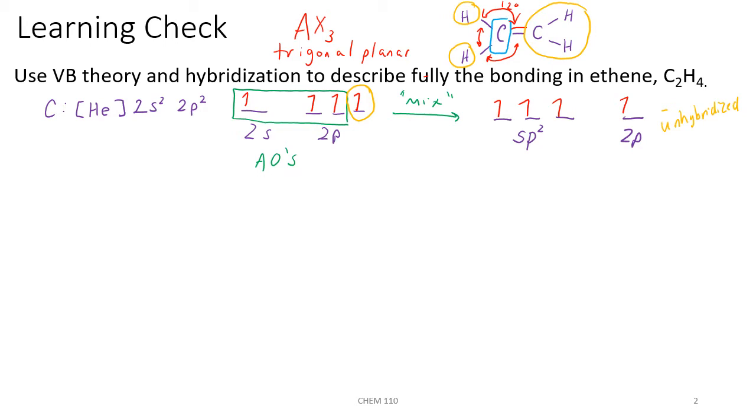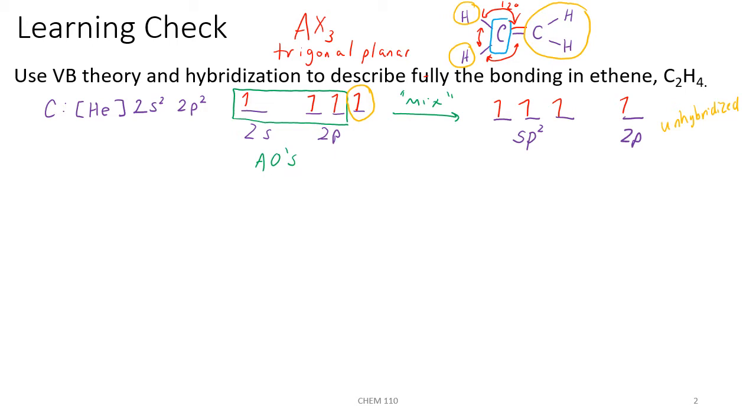So if we start by thinking about how we're going to draw this using valence bond theory, each of our carbons, and right now we're just focusing on the blue boxed in one, has 3 sp2 hybrid orbitals that are half filled and 1 half-filled unhybridized 2p orbital.